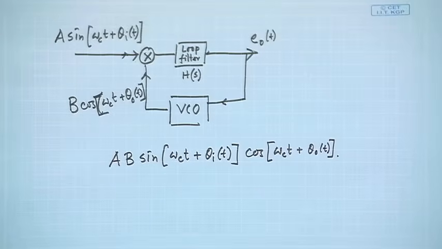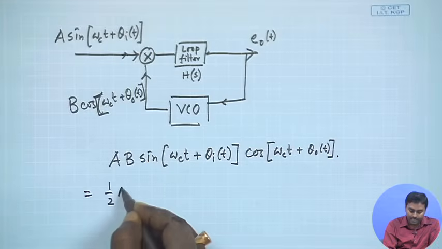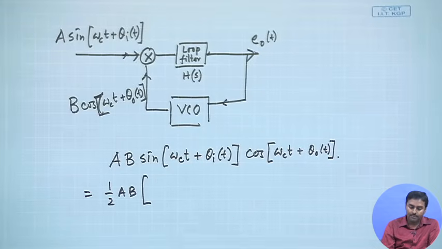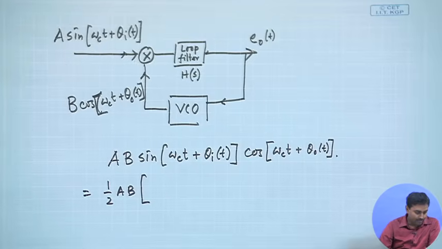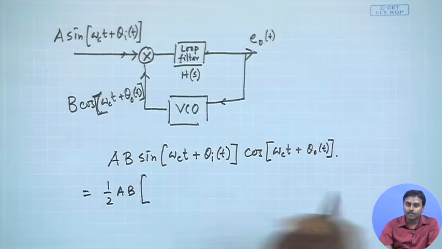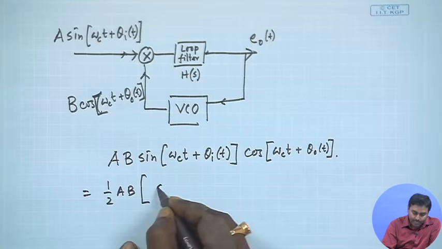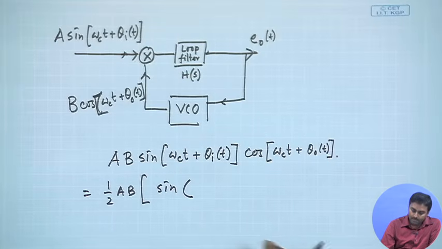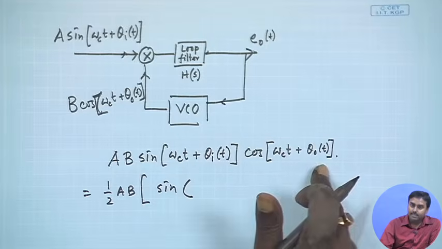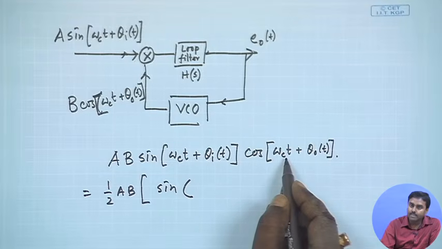So, if that is the case, I will multiply these two. After multiplication it is just half a b, so we will have 2 sin a cos b. I can just put sin(a+b) and sin(a-b), that formula. So we will get sin of this minus this, so omega c t will be cancelled.